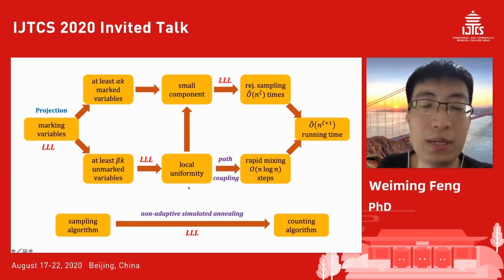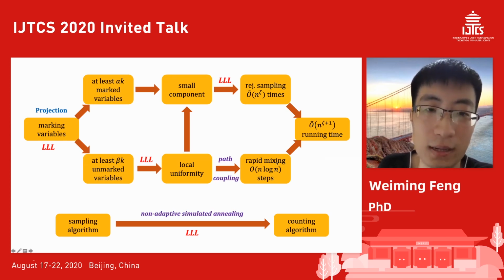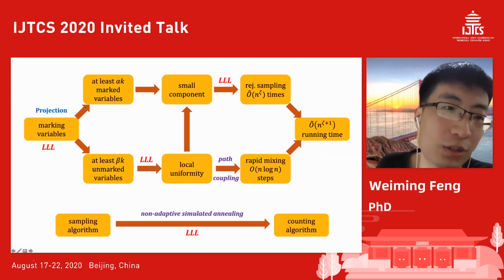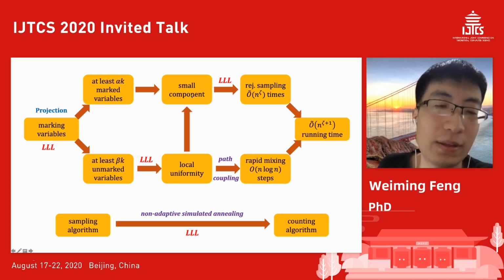With the local uniformity property, we can show that the global dynamics mixes in O(n log n) steps. On the other hand, each clause contains at least alpha k marked variables, and with the local uniformity property, we can prove that for each transition of the global dynamics, the connected components are small.